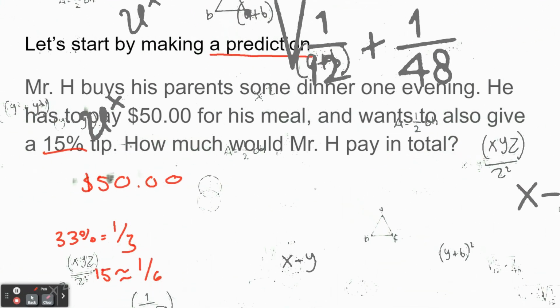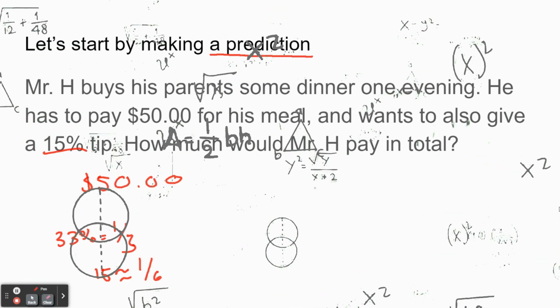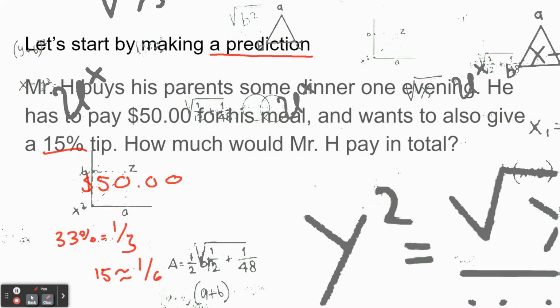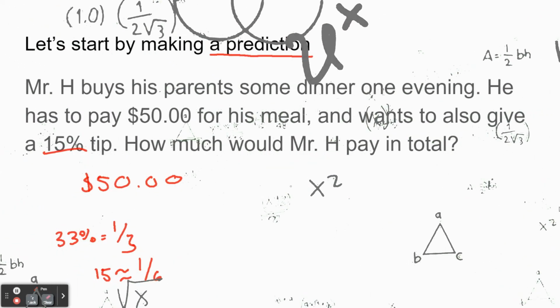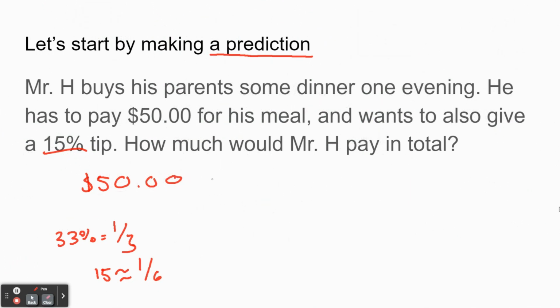So a sixth of that would be a little bit less than 10, so maybe like 8-ish. So maybe 15% of 50 is like $8.